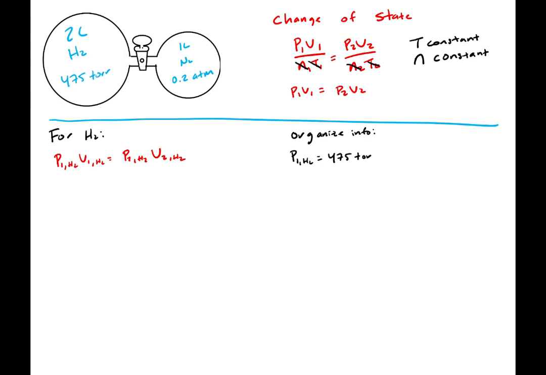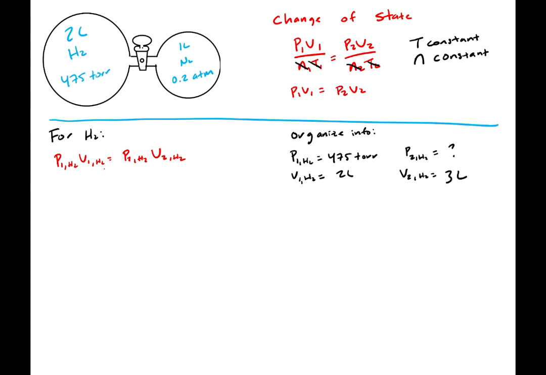That's our initial pressure. And the initial volume for the H2 is 2 liters. The final pressure of the H2 is unknown, but that's going to help us get the answer to this problem. So we don't know what that is. The final volume of the H2 is the volume that you get when the H2 expands to fill the whole container, right? That's our total volume of 3 liters here.